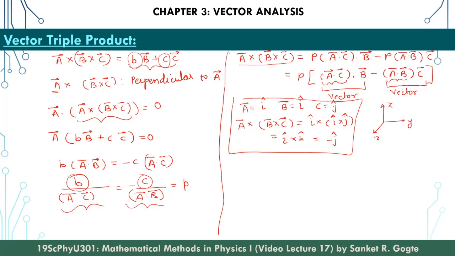Now we will use the right hand side here, which gives us A cross B cross C is equal to P, which is unknown. We have to figure out what P is. A dot C is I dot J, which is equal to 0, so the first term will vanish.